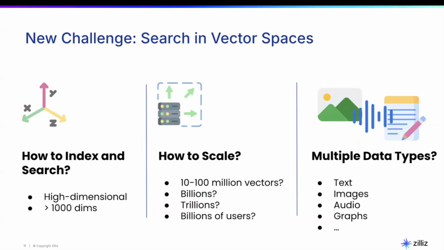How are we going to scale both the storage to that many vectors, but also the requests to retrieve? You can imagine at one extreme, something like AI getting web scale traffic. And how are we going to handle multiple data types? How are we going to compare text to images to audio, etc.?